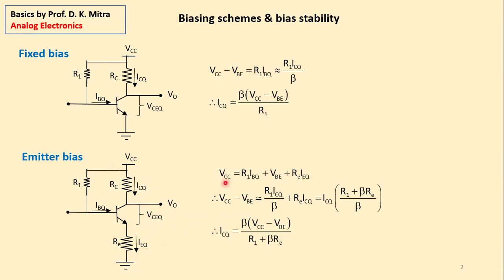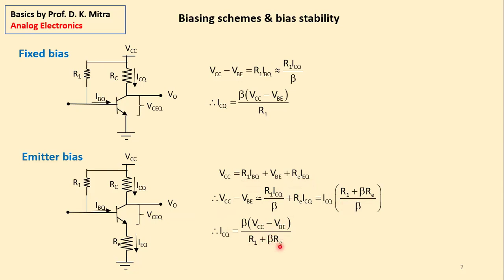Anyway, from this equation, we find VCC minus VBE is equal to R1 IBQ, we write ICQ by beta, plus RE ICQ, because we replace IEQ by ICQ. They are very much equal to each other. That makes ICQ within bracket R1 by beta plus RE, that is R1 plus beta RE by beta. From here, ICQ becomes beta multiplied by VCC minus VBE divided by R1 plus beta RE.